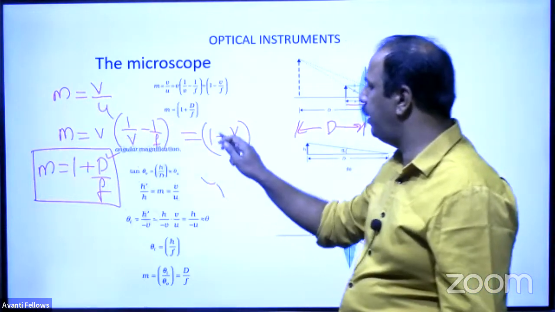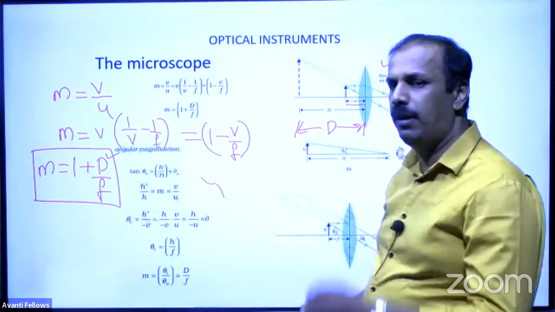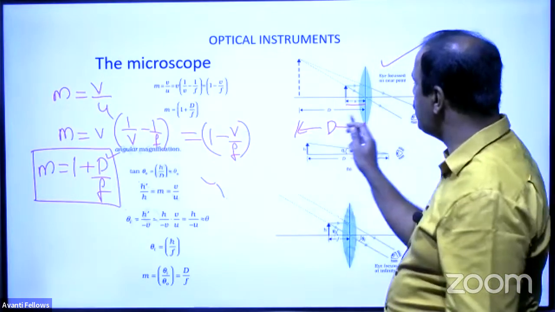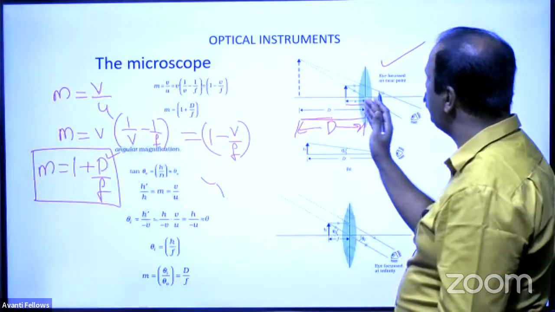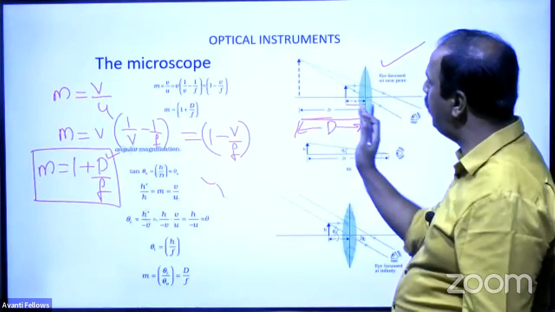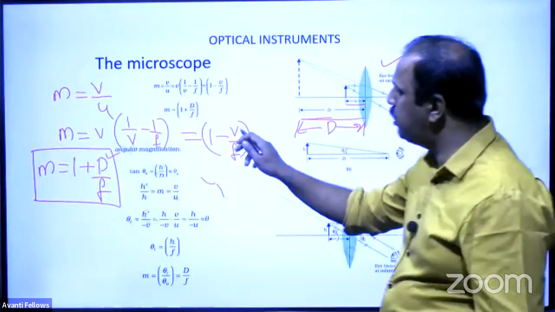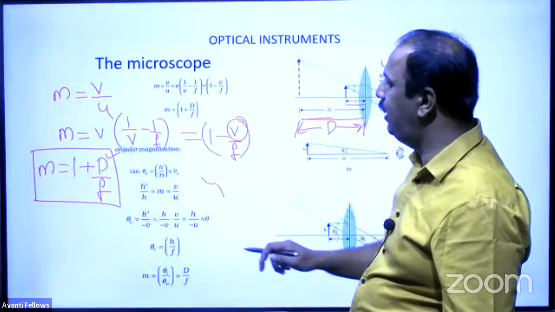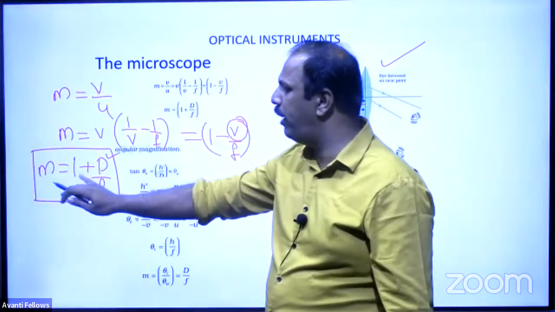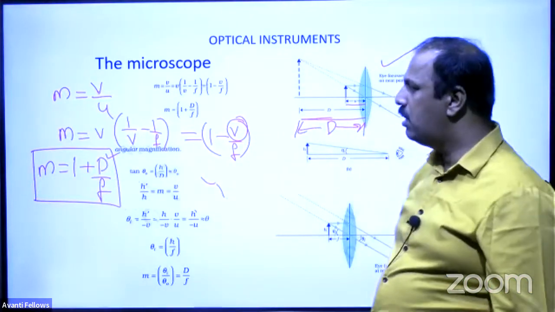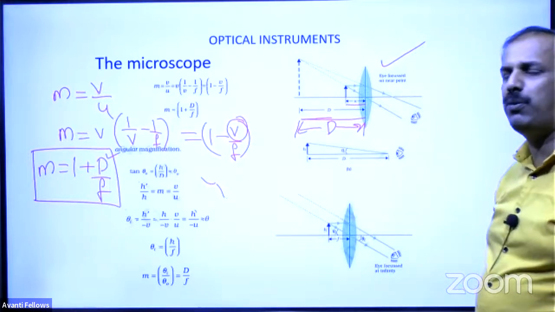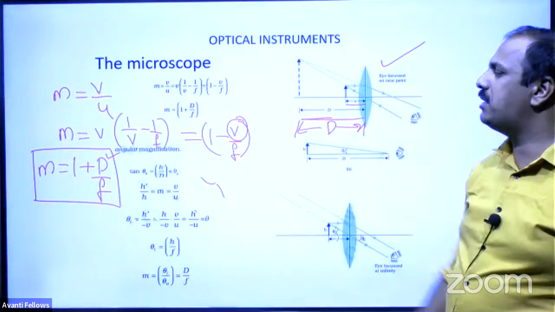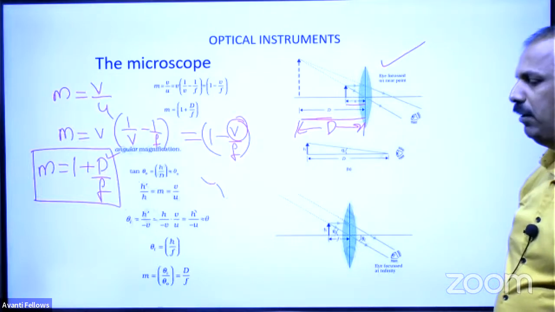This can be written as 1 minus V by F. And this V is toward the side where the object is, so it can be written as minus D. If instead of V you put minus D, the magnification M will become 1 plus D by F. So when the image is formed at D, the magnification is given by 1 plus D by F.